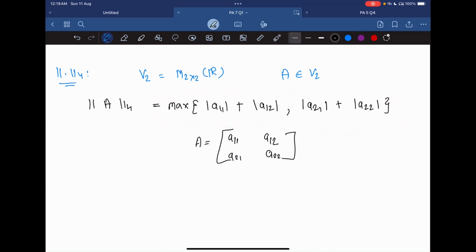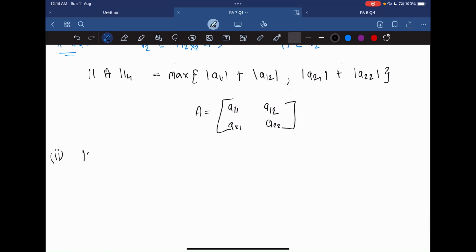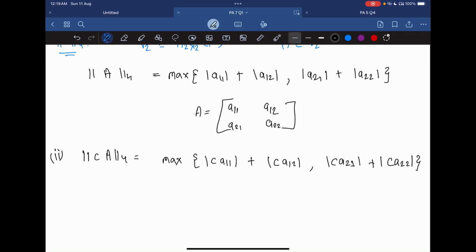Now let's check the second one. Again we can take the modulus of c common and write the expression as above.